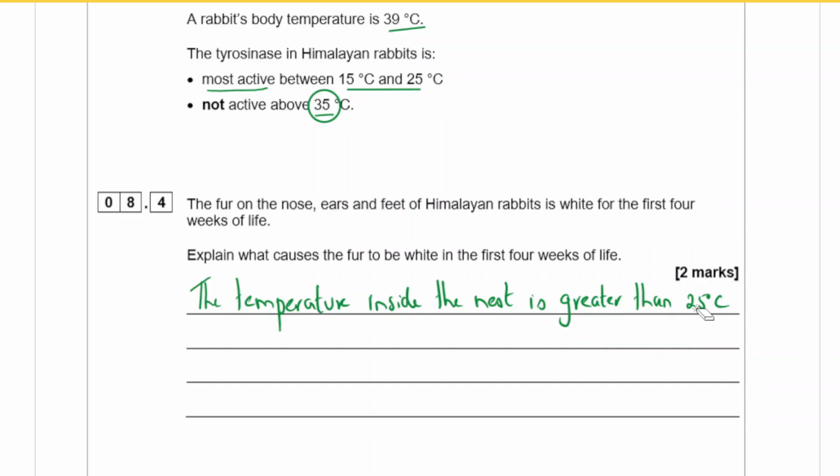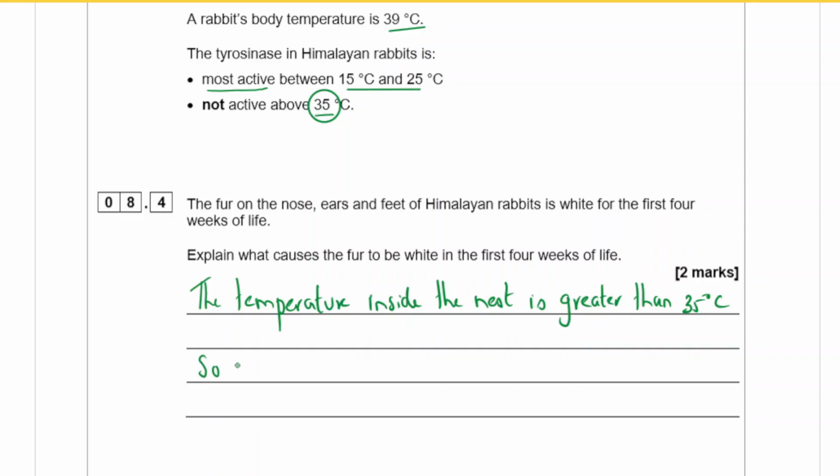So it's greater than 35 degrees Celsius because it's either inside the mother before birth or because it's much closer to the mother's body. The temperature inside the nest is greater than 35 degrees Celsius.